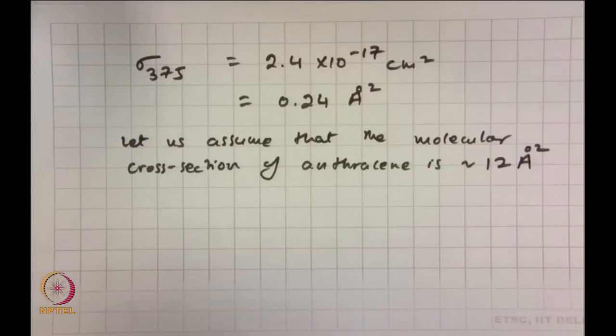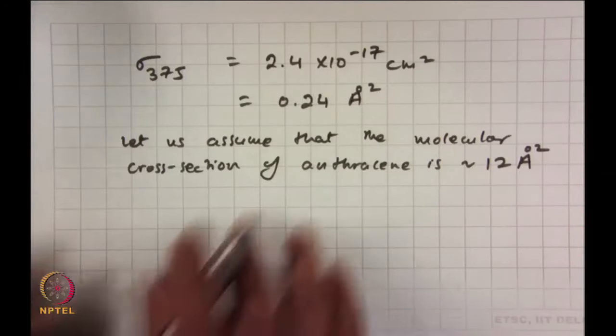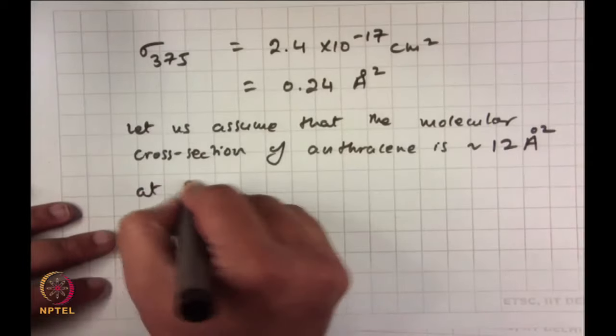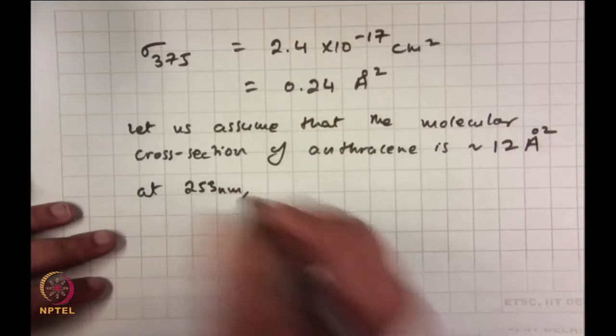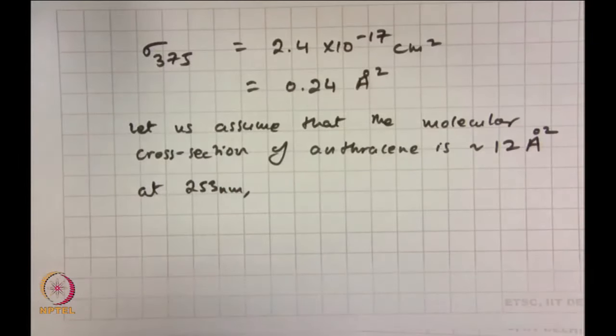Now, based on this value and based on the values you just got, think about this at 253. That means for 253 nanometer, if you are shining this light, what was the absorption cross section area in that case? 6.1 angstrom squared.